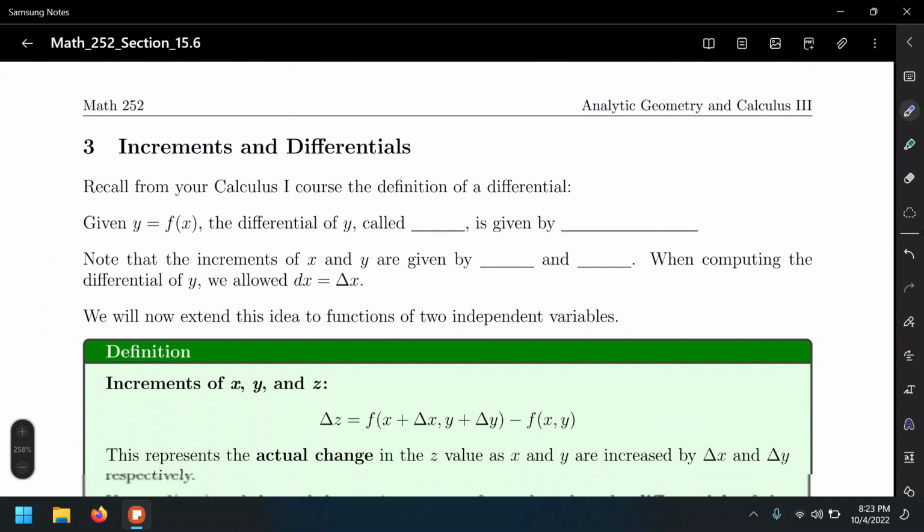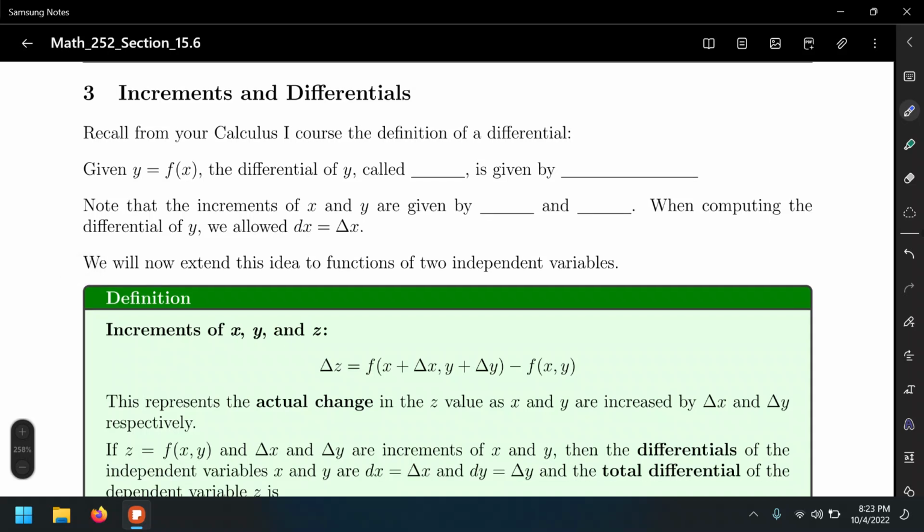Increments and differentials. Well, we got into increments and differentials before getting into integrals, because the integral is really the antiderivative of some differential. So in this case, let's recall the definition from Calc 1. Given some function y equals f of x, the differential of y, usually denoted dy, is given by dy equals the derivative of the function times dx.